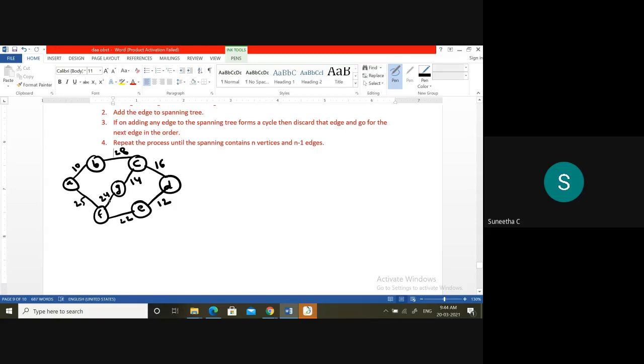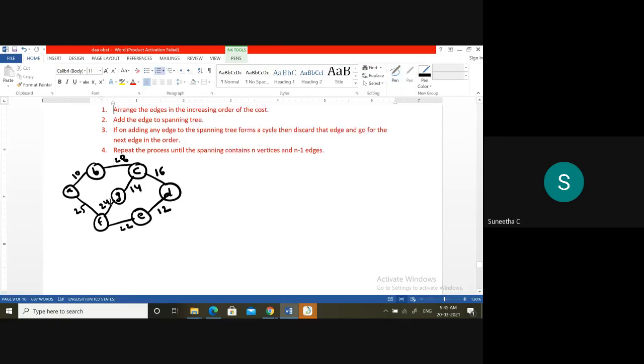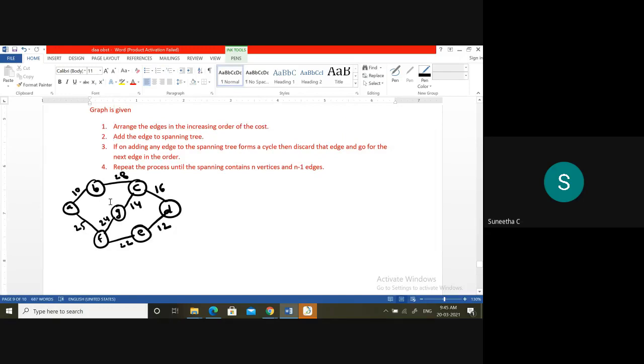We have taken this graph. For this one, we have to construct the minimum cost spanning tree, the MST, using Kruskal's algorithm. So what we said in the procedure, the first step is to arrange the edges in the increasing order of the cost.